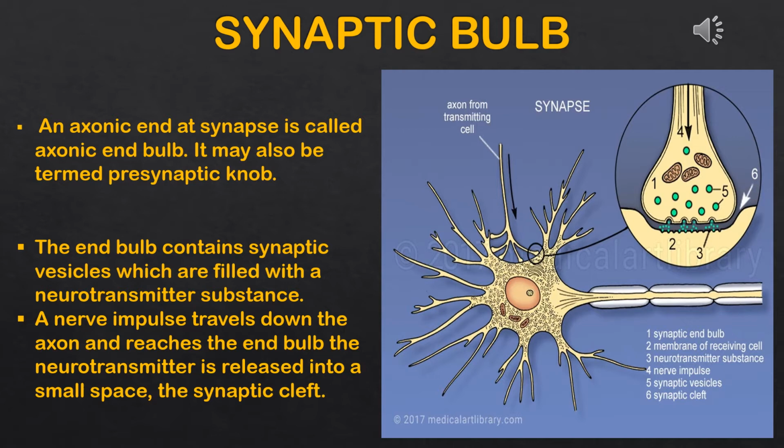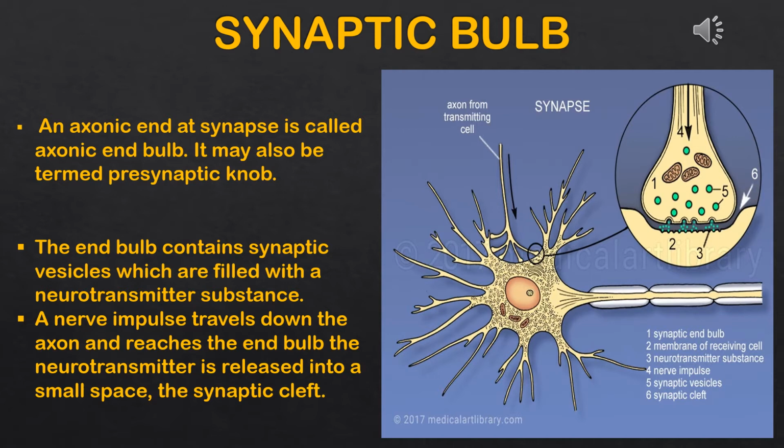Second point, the end bulb contains synaptic vesicles which are filled with a neurotransmitter substance. Third point, a nerve impulse travels down the axon and reaches the end bulb. The neurotransmitter is released into a small space, the synaptic cleft.